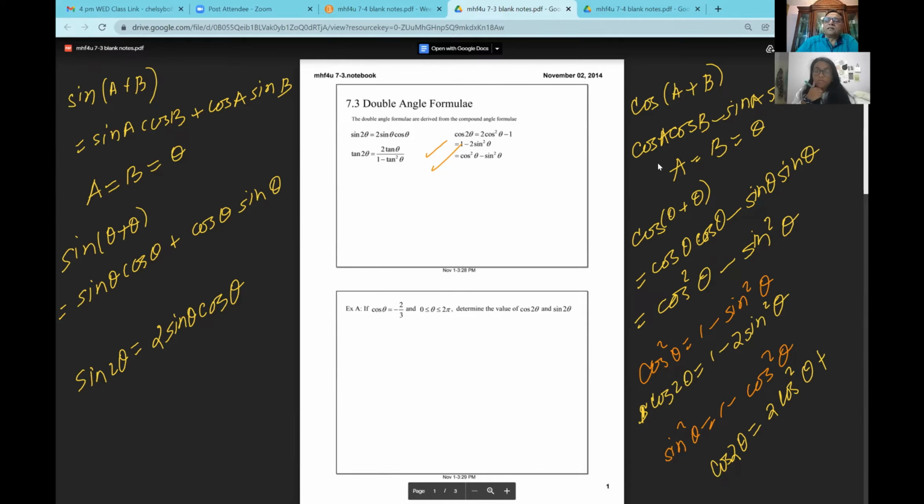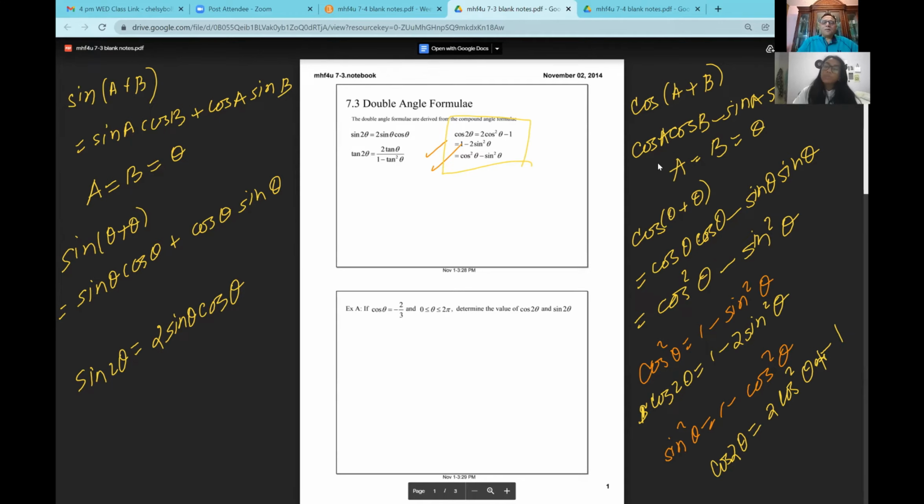Not plus 1. Is that clear to you? So we get all three of the formulae as shown. It's good you are getting the sheets, but sometimes your question could be to derive the formula itself. It's an identity. Is that clear to you?